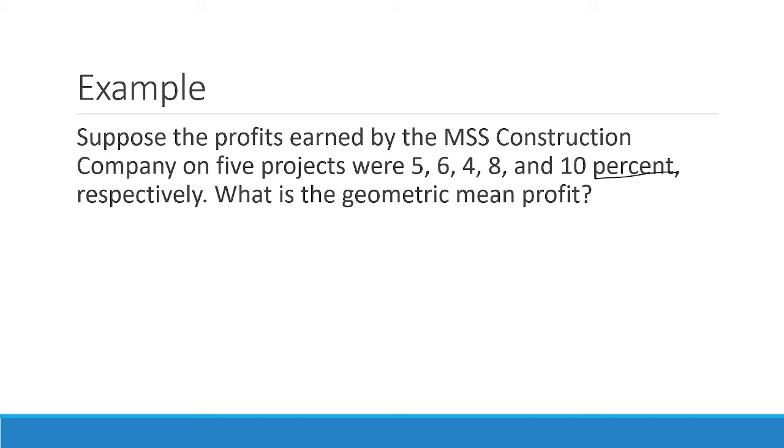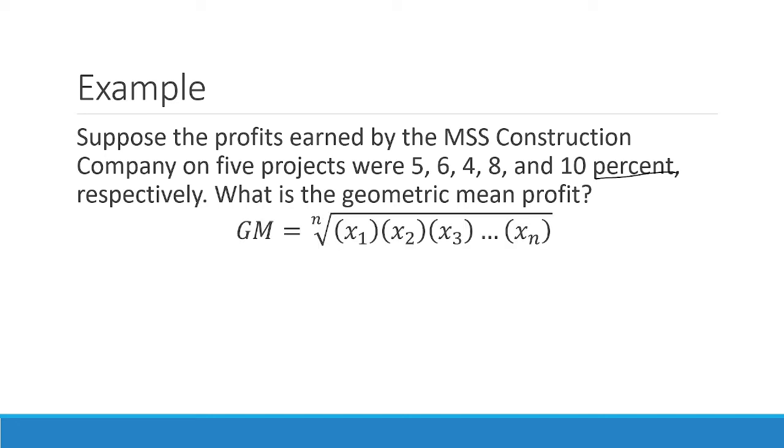So we have there 5%, 6%, 4%, 8%, and 10%. So you can use the first formula here. So wherein you just need to account for the number of the nth. So you then get the nth root of the products of 5 times 6 times 4 times 8 times 10. So, in that, syempre, calculator yung gagamitin nyo rito. Ganito yung magiging itsura niya.